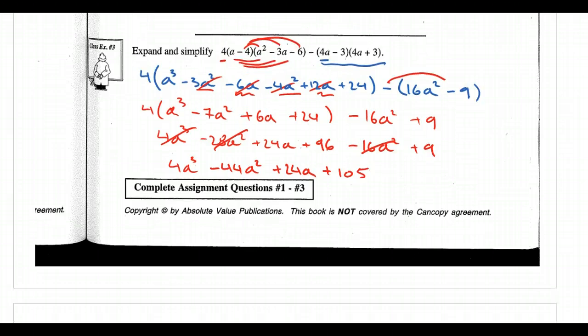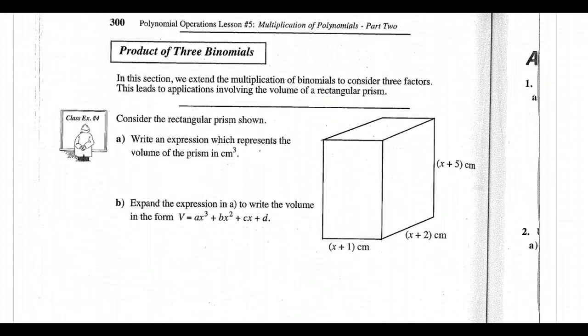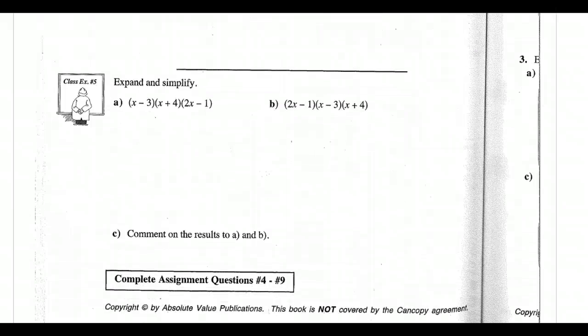Okay, let's do one more. Okay, again, I'm going to skip the word problem. We can try that one in class. And we're going to do this one over here. Example 5, I'm only going to do A.